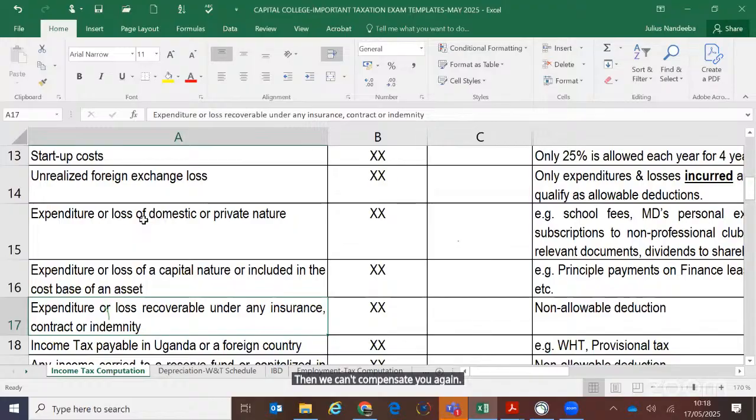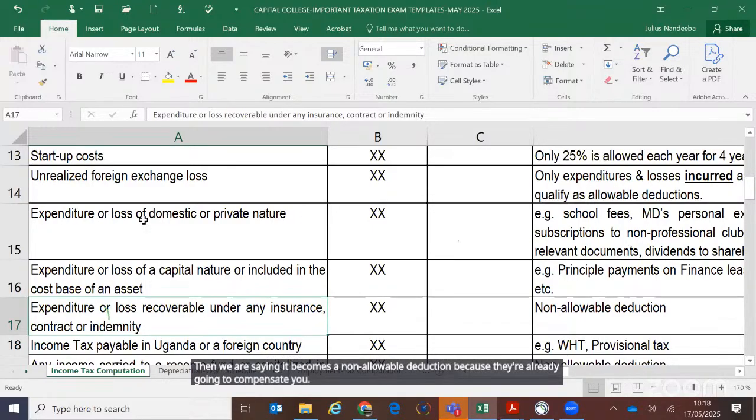So if your stock got burnt and it is not insured, it is an allowable expense. But if it is insured and you're going to recover that loss, then it becomes a non-allowable deduction because they are already going to compensate you.